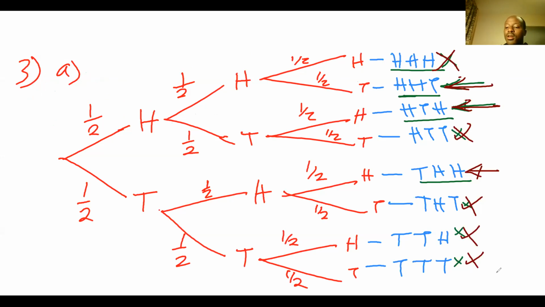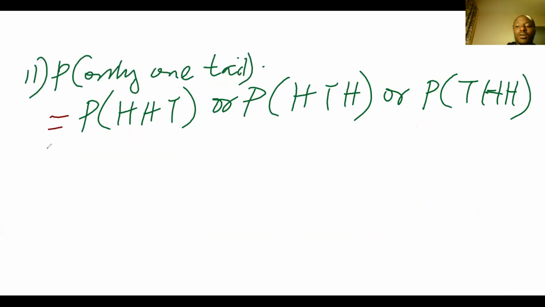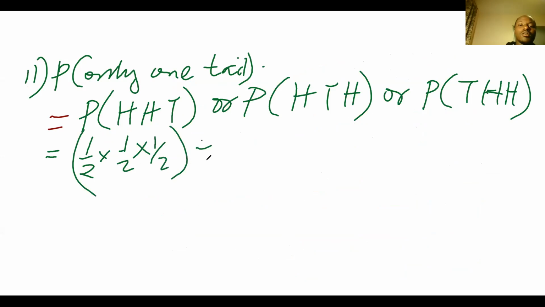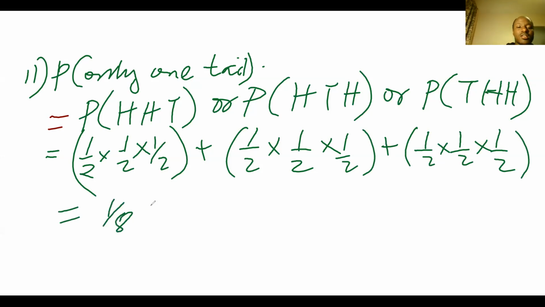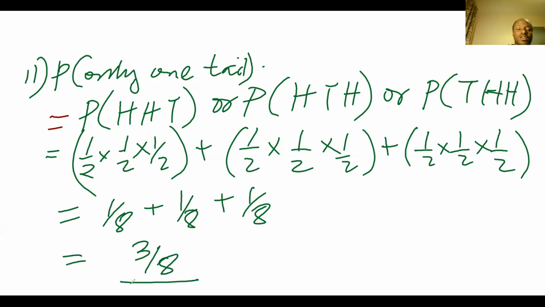There are only three. Remember, from what you've done before, all these are half. So this is a half. Times are the ands, multiplication, and then or the addition. 1 over 8 plus 1 over 8 plus 1 over 8, it's 3 over 8. You have your answer there.